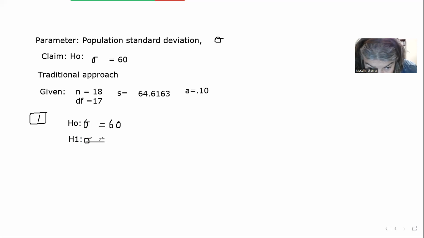This is sigma, oops, sigma is not 60. Let me just see if I can make it work.